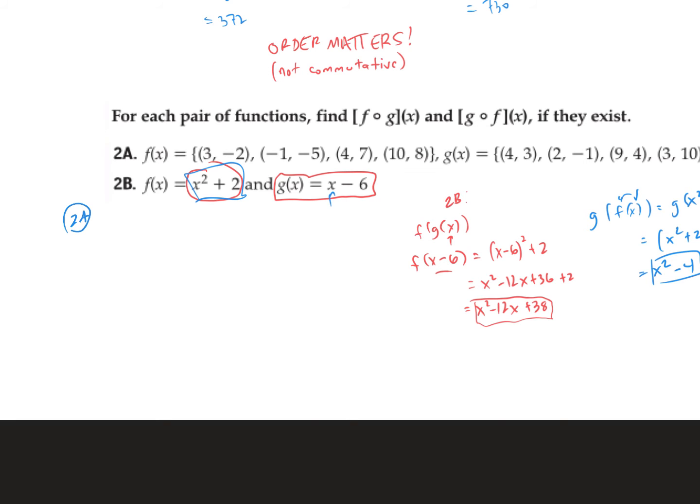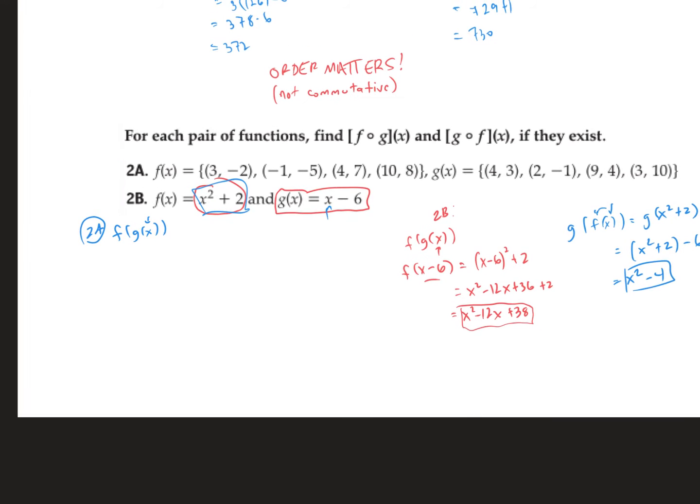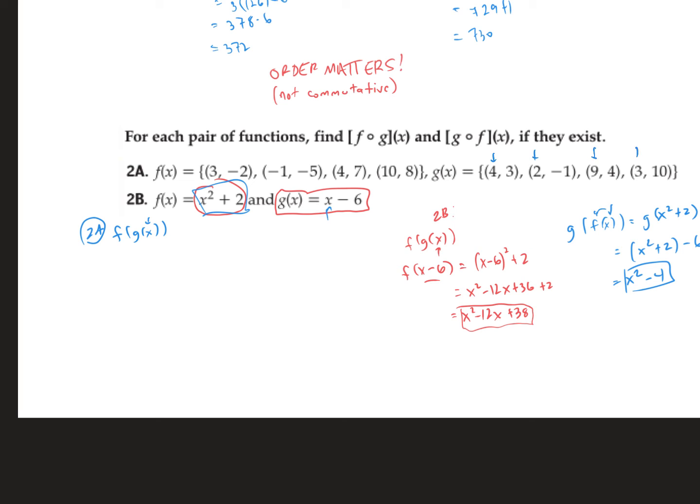So we're going to start with f of g of x. Now f of g of x means I want to take every value of x that is in g. This 4, this 2, this 9, and this 3. And I want to send them through the same process I just went through.